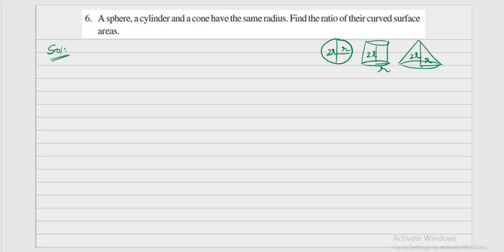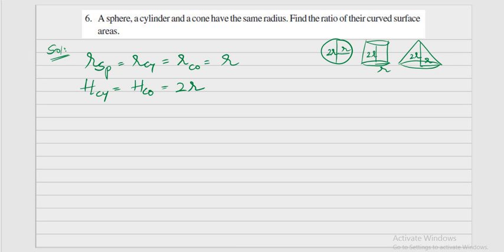Now what I am going to do is consider the values. So radius of sphere is equal to radius of cylinder is equal to radius of cone is equal to some r, and after that, clearly I am going to get height of cylinder is equal to height of cone is equal to 2 times r.